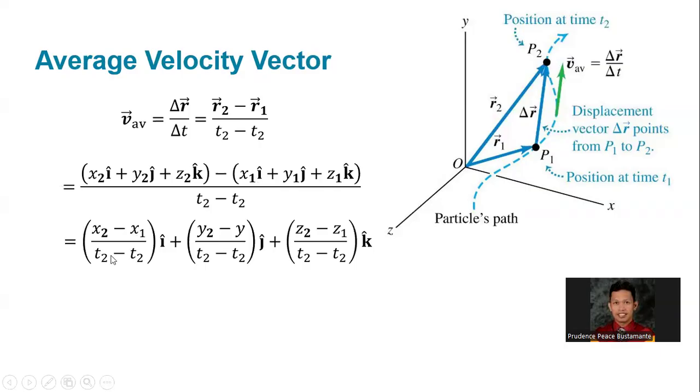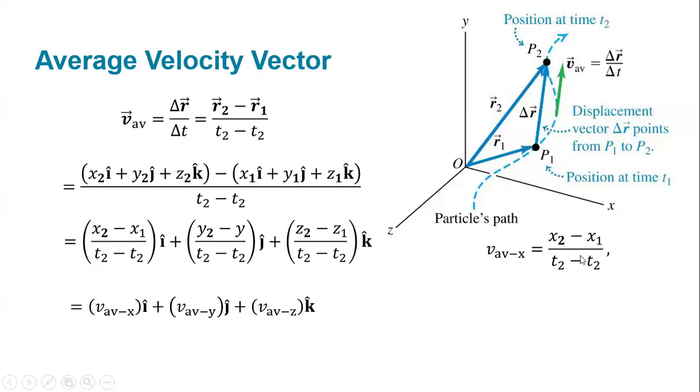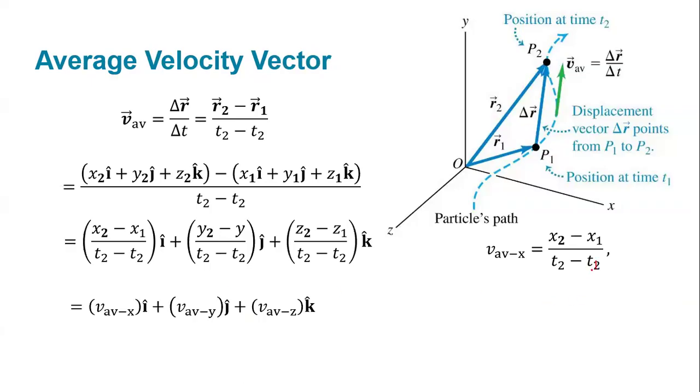So you will have this equation where, if you remember, this one here is just the average velocity formula for one dimension: x2 minus x1 over t2 minus t1. I mean, this must be t1. This is the initial.